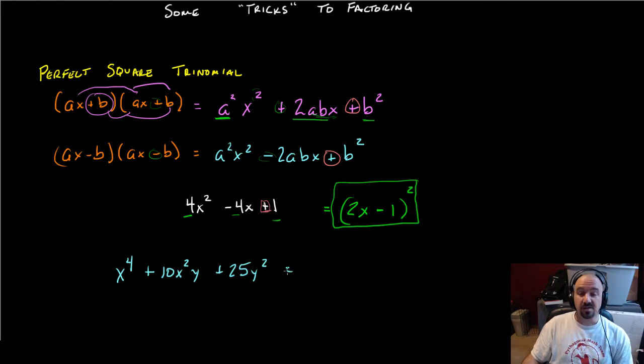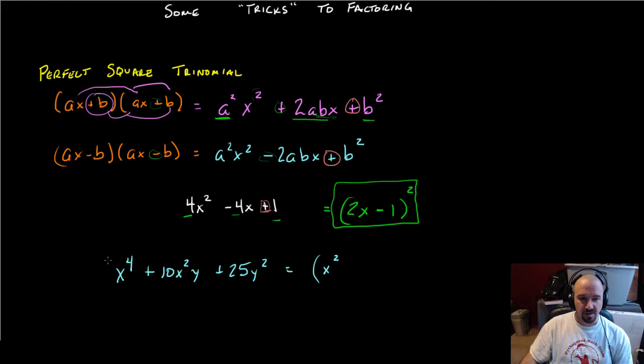Okay, and again, the exact same process. I've picked them purposely so that there's no common factor, so we don't have to worry about factoring that out. We're just going through and saying, okay, what's left? Well, what did we square to get x to the 4th? And it turns out that we squared x squared.